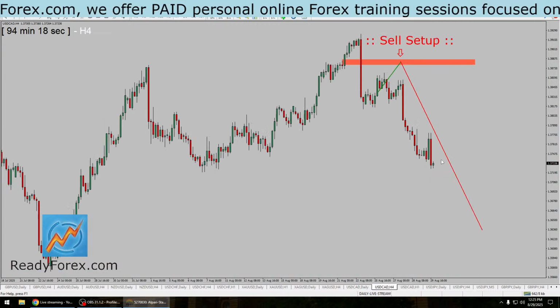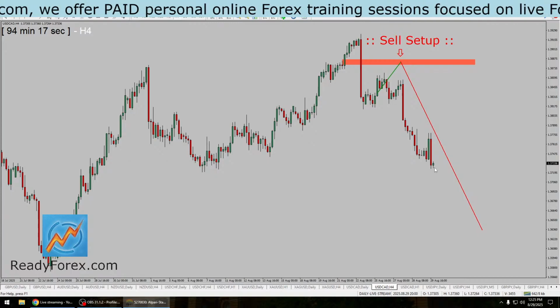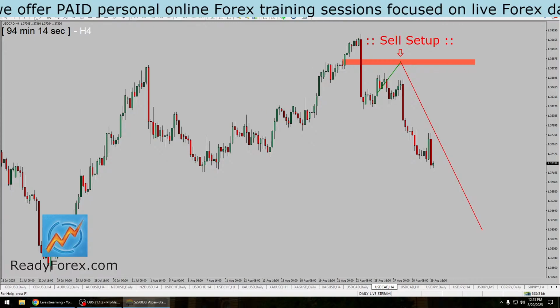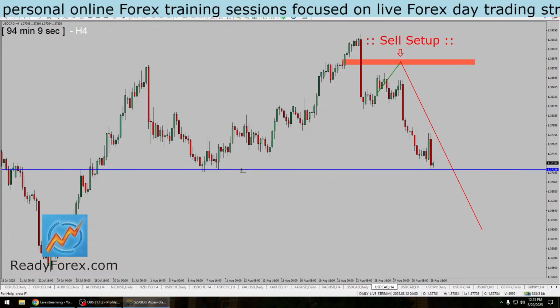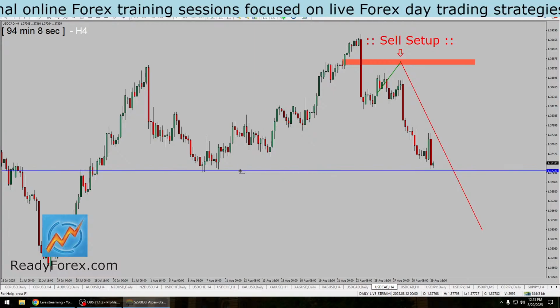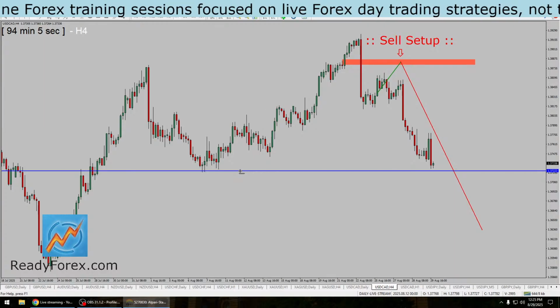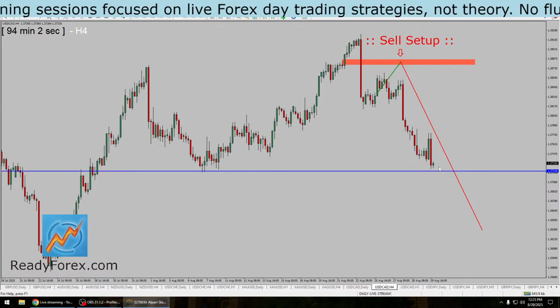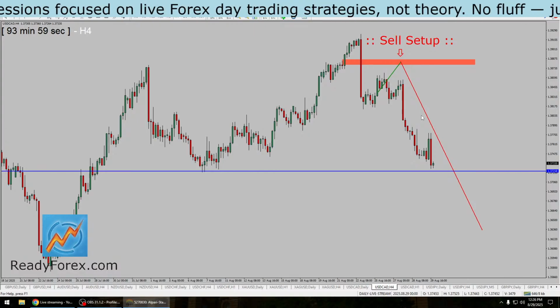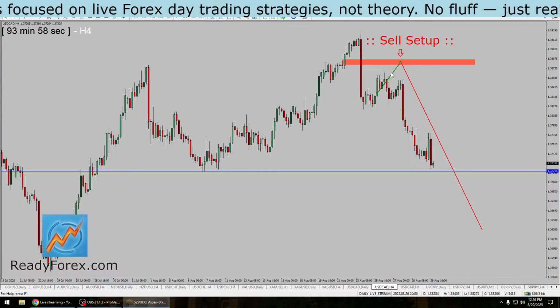Now from this point, we might get a reversal in price action here, at the support level. Price action is almost there to test the support level. It did not exactly hit it, but it could hit maybe and then bounce back up.